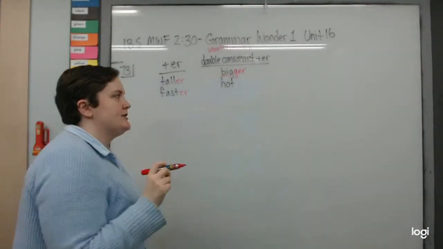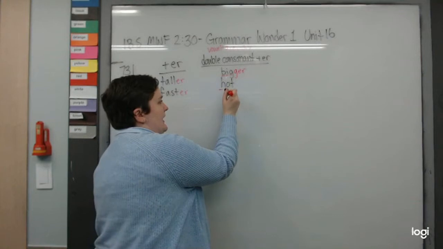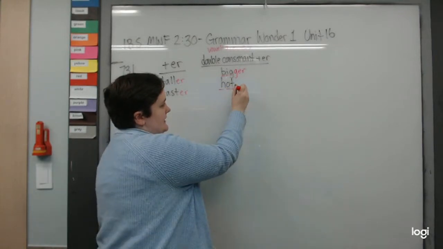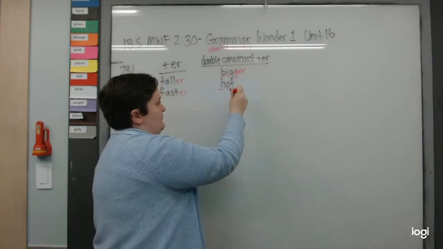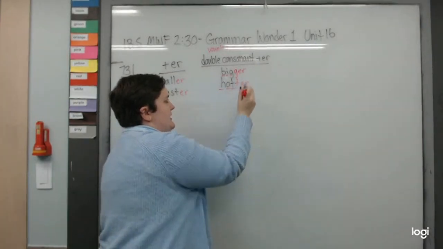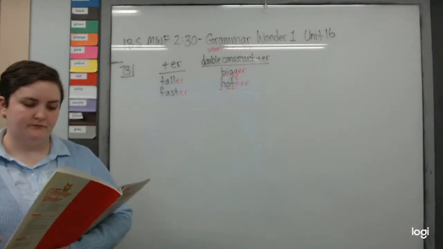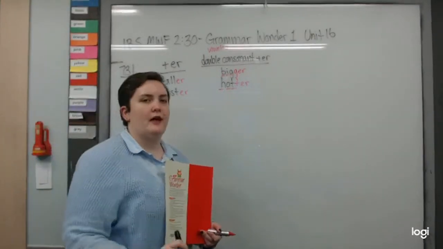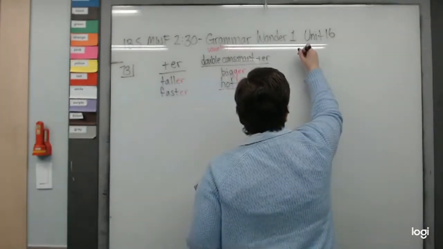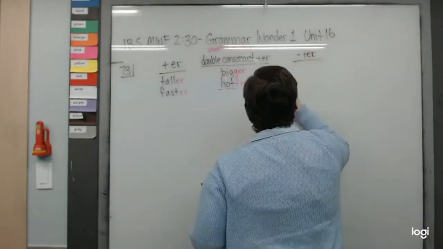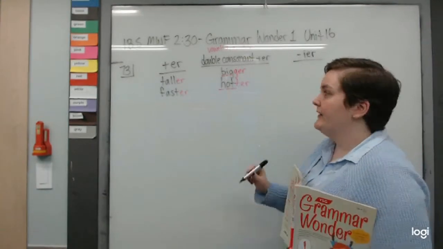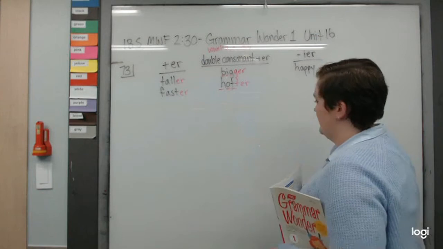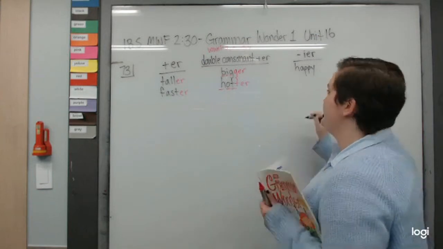Let's look at hot. H, consonant. O, vowel. T, consonant. Okay, we can do T-E-R for hotter. And then there are the words that we use IER. Like happy and pretty.